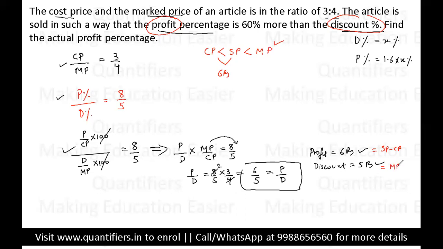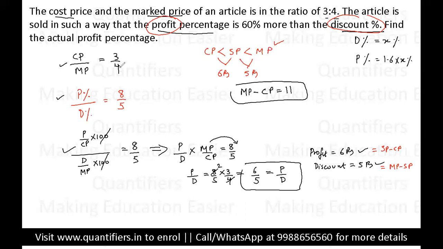Discount is mark price minus selling price. हम ये कह सकते हैं कि ये वाला जो difference है, right? Difference between MP and SP, that is nothing but 5 rupees. So students, from here, we can easily figure out that difference between mark price and cost price, that is what? 11 rupees.